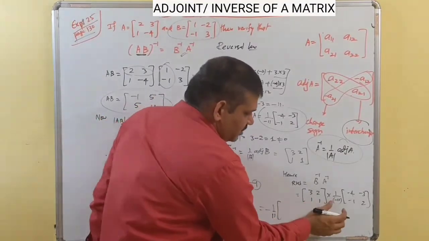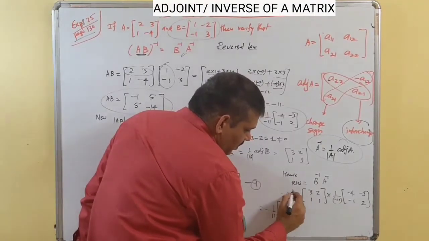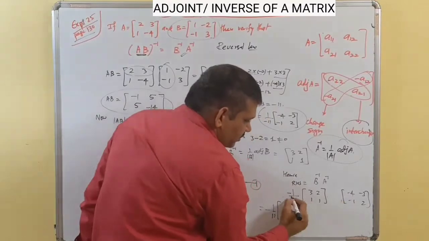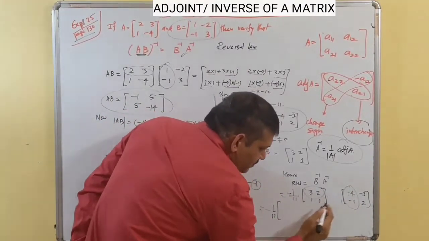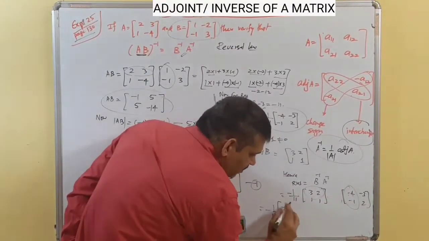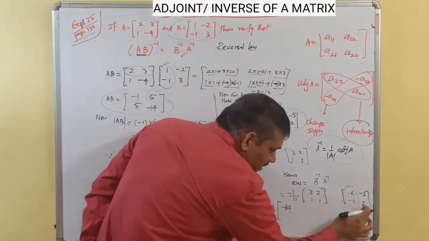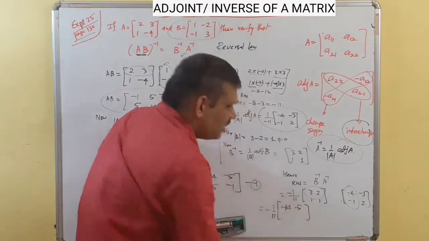So we multiply these two matrices. We can write it like this, minus 1 upon 11 times this. Now see the product. 3 into minus 4, minus 12 minus 2, is minus 14. This will be multiplied by this: minus 9 plus 4 will give me minus 5.